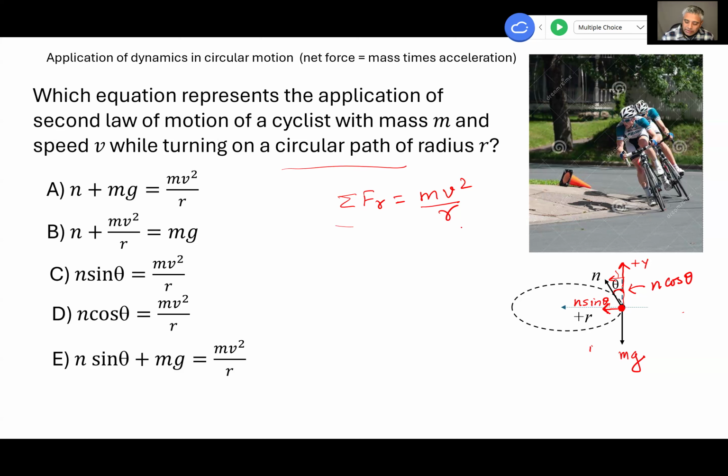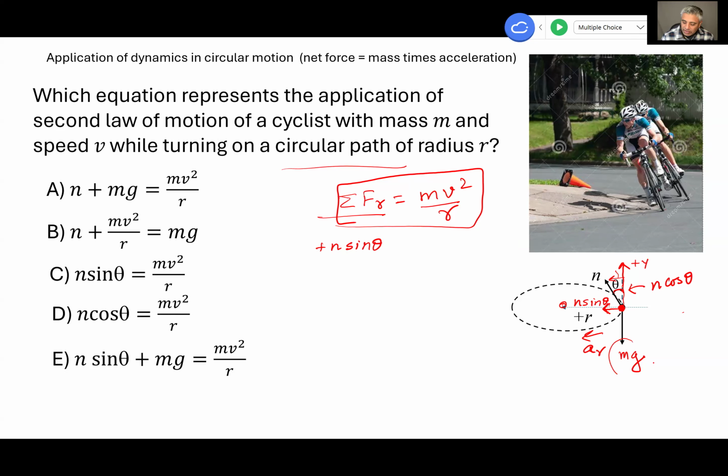So now when we use this equation, we are just looking at this direction. So there is only one force. And remember, the acceleration is also pointing towards the center of the circle. So that means it's going to be positive N sine theta. So only one force in that direction.